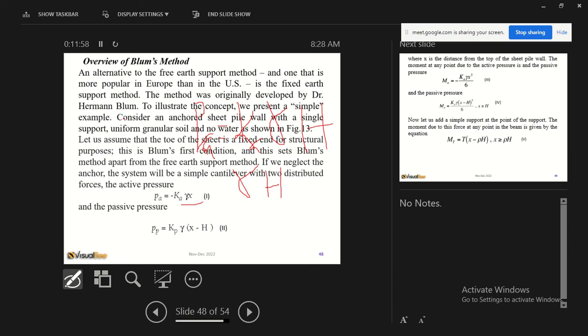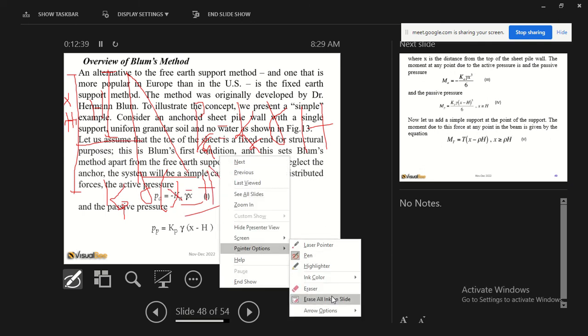If this is x and this is H, then the passive force is Kp gamma (x minus H). Nothing there that is difficult.